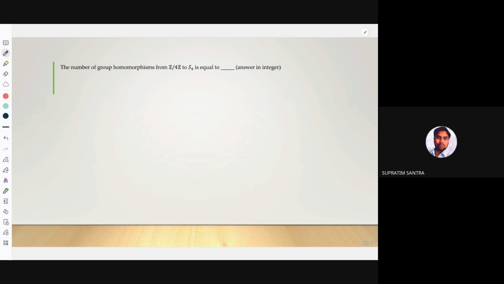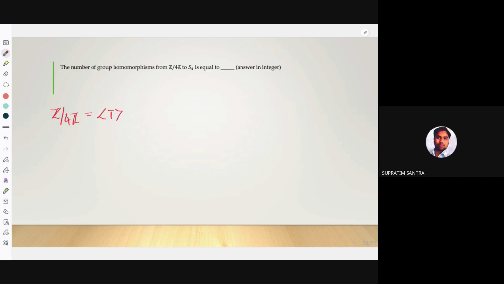So we have the domain to be Z mod 4Z, which is the cyclic group generated by 1. So it's enough for us to look at where 1 would be mapped, right?